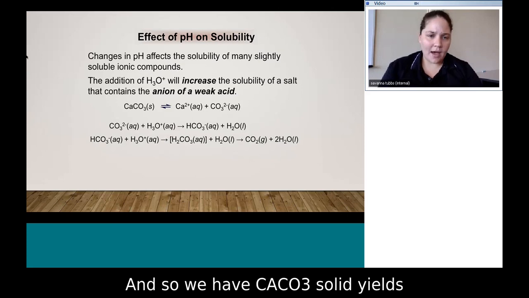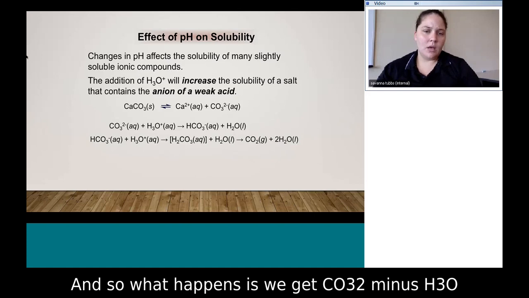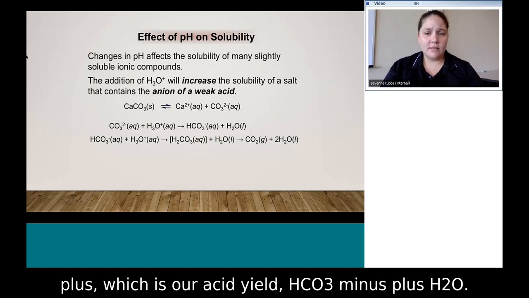And so we have CaCO3 solid yields Ca2+ plus CO3 2-. And so what happens is we get CO3 2- plus H3O+, which is our acid, yields HCO3- plus H2O.